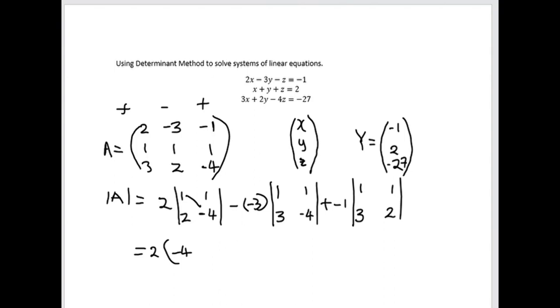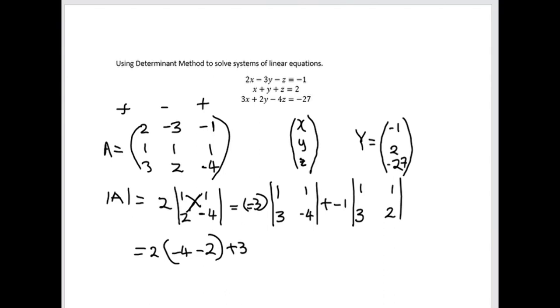And then I'll multiply the elements in the secondary diagonal and subtract it from the product of the elements in the principal diagonal. So minus 2 times 1 is 2. Minus times minus is plus.